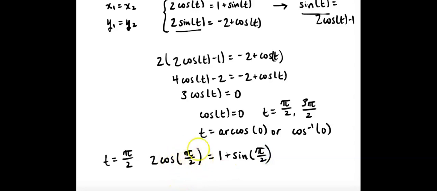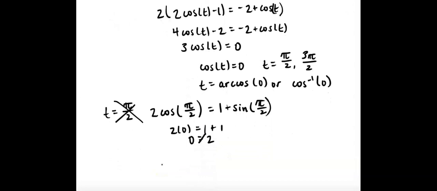All right, the cosine of pi over 2 we said was 0. So 2 times 0 is equal to 1 plus the sine of pi over 2, which is 1. This will give us 0 is equal to 2. And because that is not a correct statement, the time pi over 2 must not be a collision point.